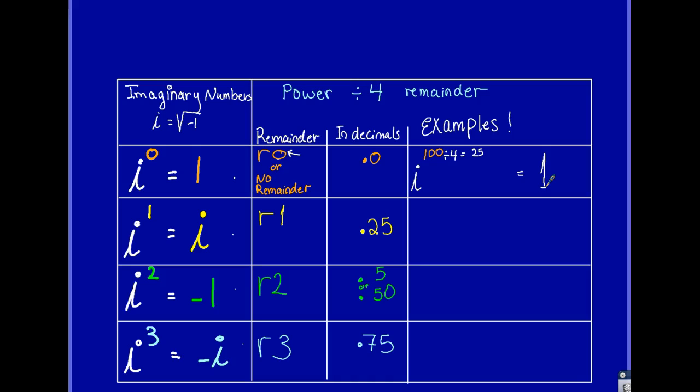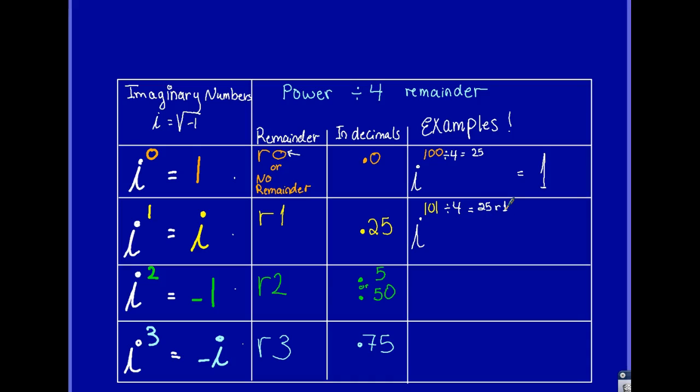Now, let's look at i to the power 101. I'm going to take the power divided by 4, and I should get 25, remainder 1.